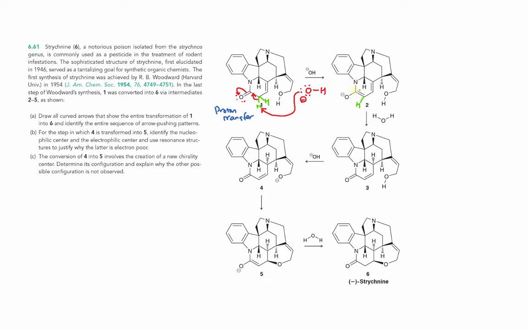Now starting from the second to third compound, you notice that we are introduced with a water molecule, and the only difference I see is we have the oxygen charge that's gone. Instead I have a double bond, and the double bond here is shifted, and also I'm introduced with a new hydrogen on this side.